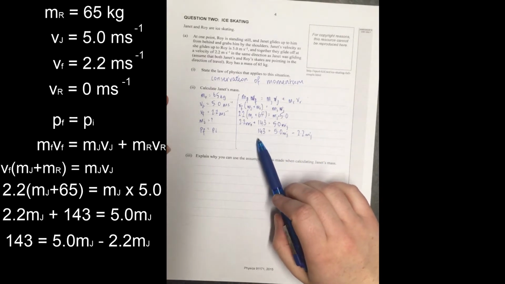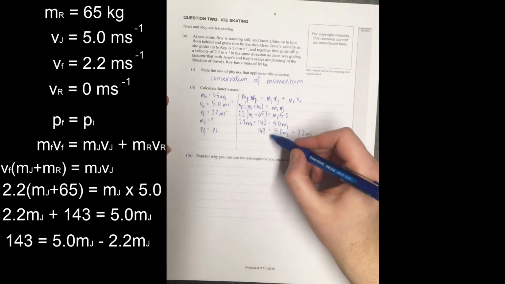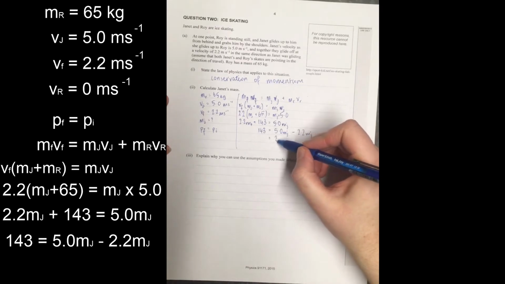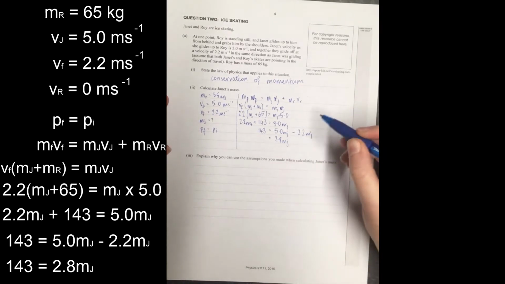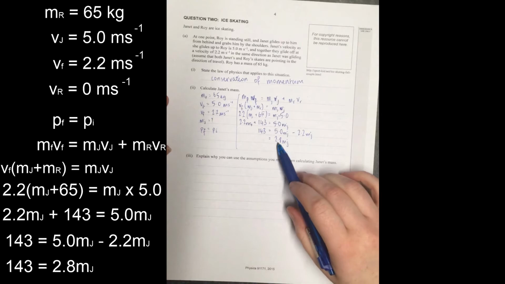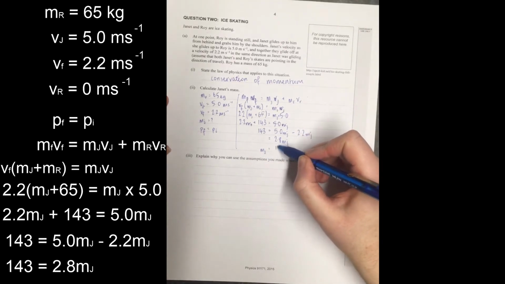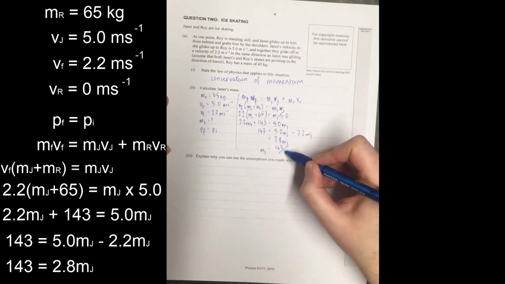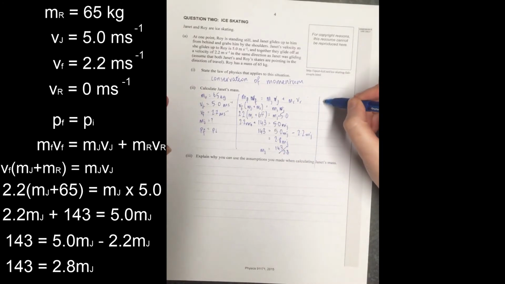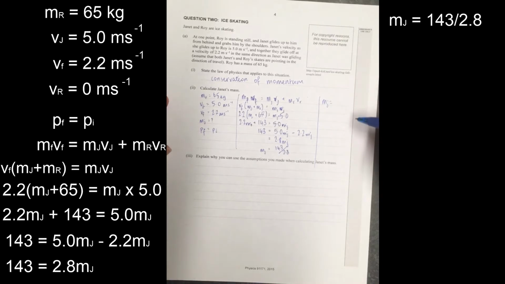Then we need to simplify this down. So 5 minus 2.2 is 2.8. And then all we need to do, the mass of Janet is 143 divided by 2.8.